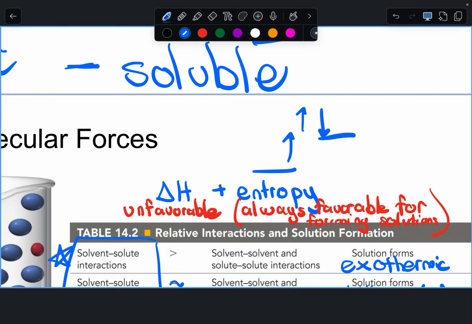Meaning that number 3 must not have had very strong interactions. So maybe that's dispersion forces or something. So in that instance, when it's highly endothermic, and I realize how endothermic is highly endothermic, it doesn't matter. If it's a little bit endothermic, that's okay. If it's a lot endothermic, that's not okay. So in this instance, a lot endothermic, it's not going to form a solution. We would say it's insoluble.